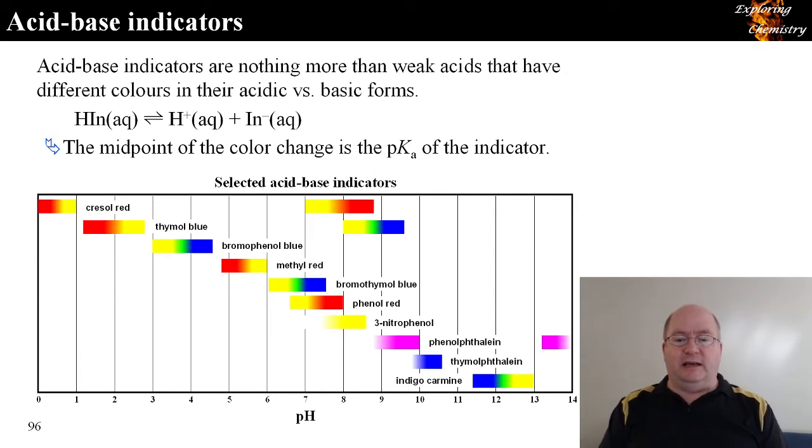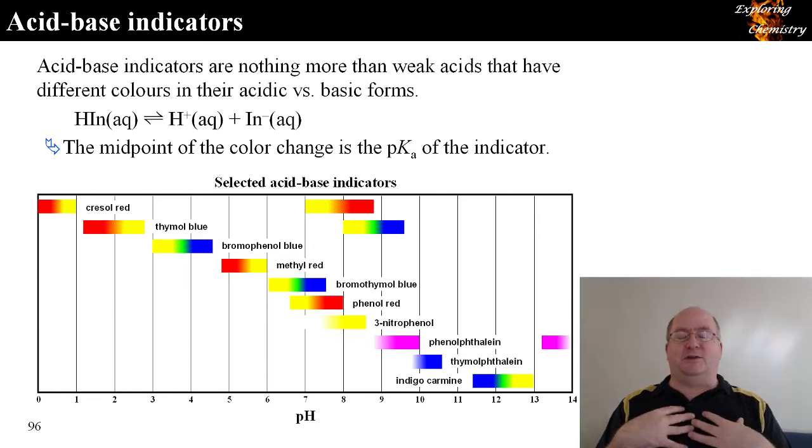And you'll note that we have indicators in a full list, indicators that change color at pretty much any pH range you want. But also that some of those indicators are polyprotic. Cresol red and thymol blue change twice, and so does phenolphthalein down at the bottom of the list.